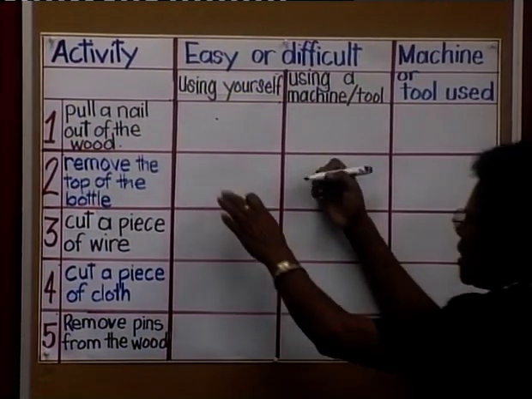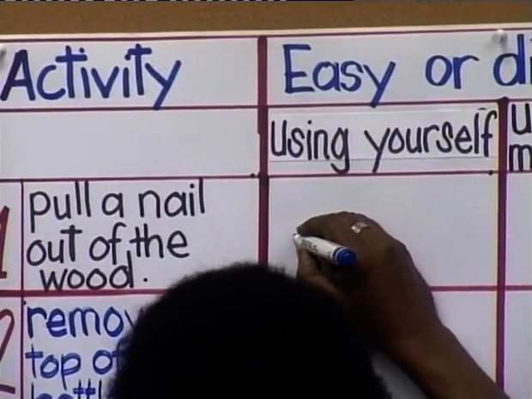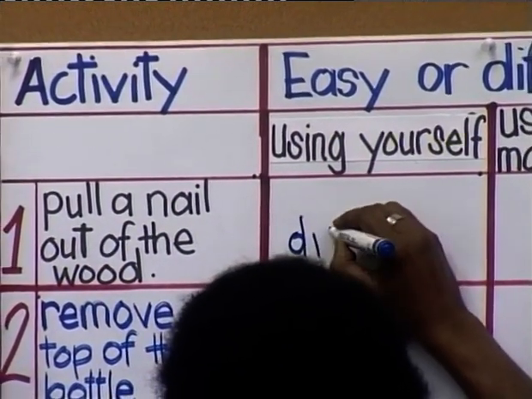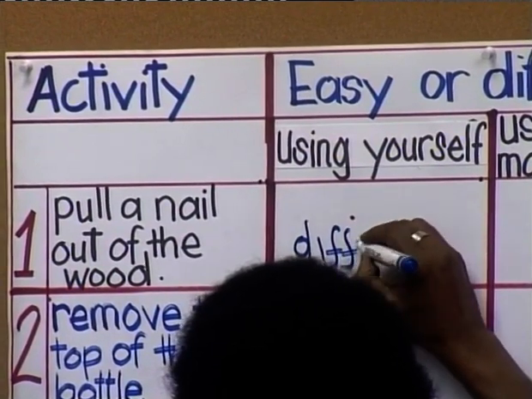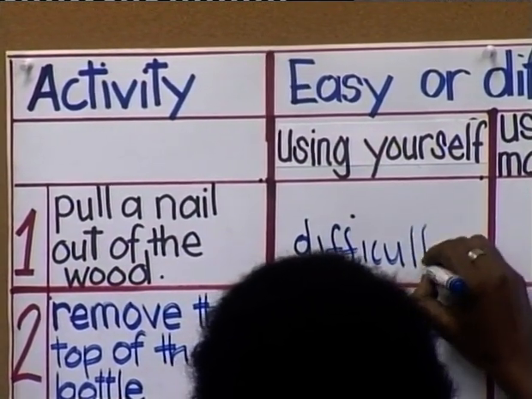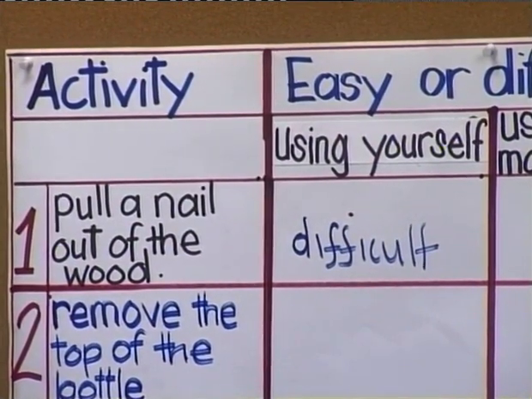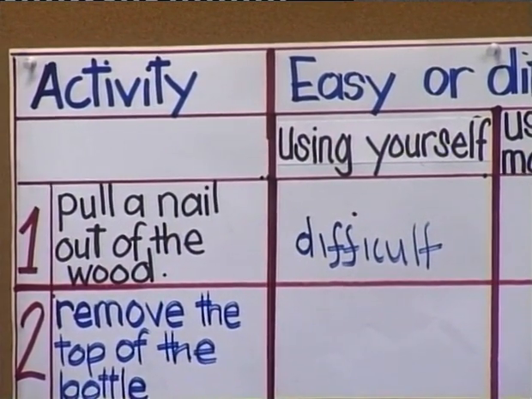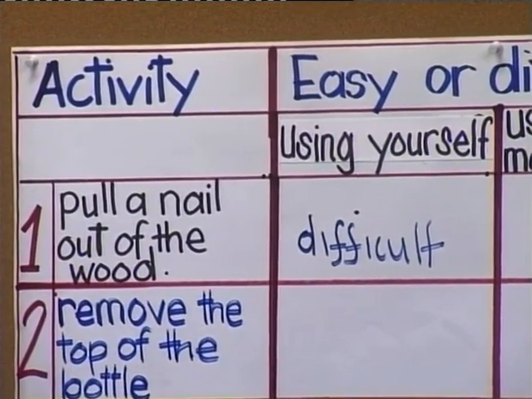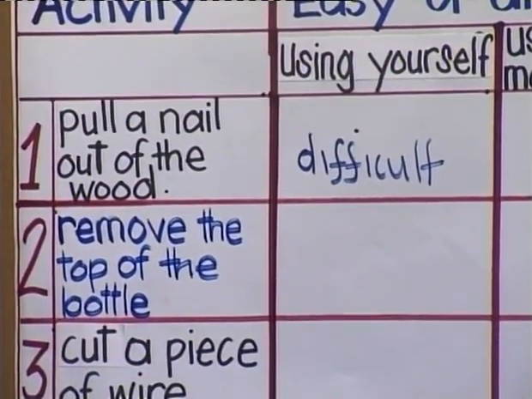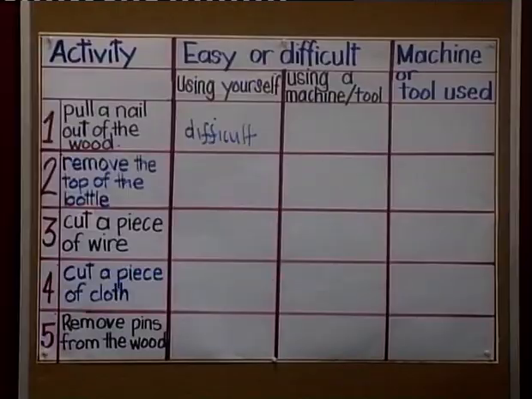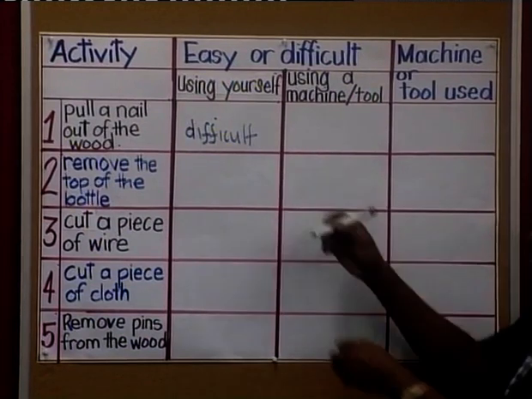So we say, let's just look through the others quickly before we can come to using a machine. To remove the top of the bottle, Rachel? It was difficult.